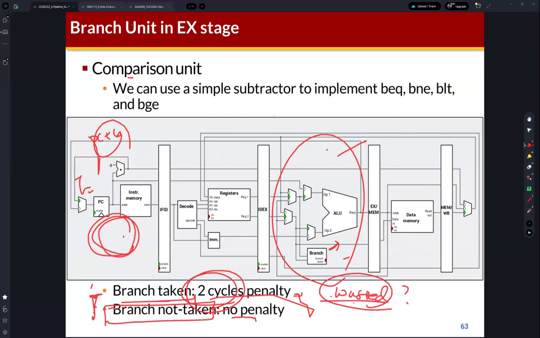So we can also apply a branch prediction technique, right?